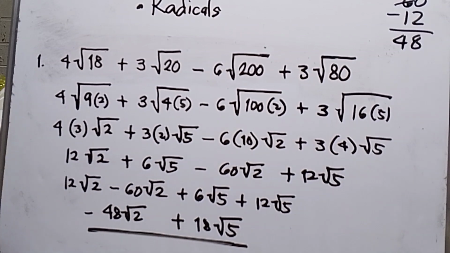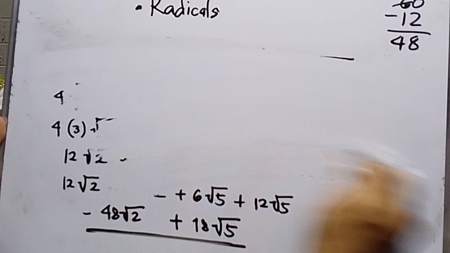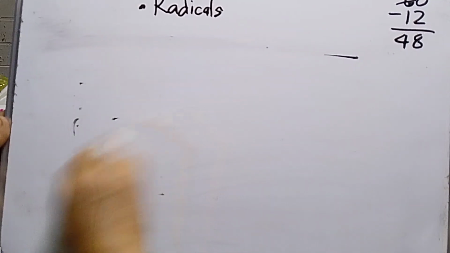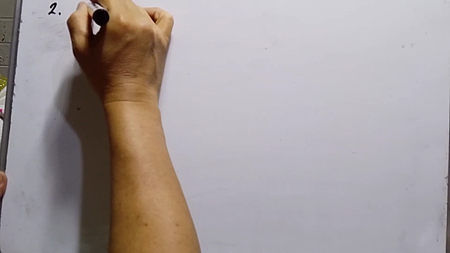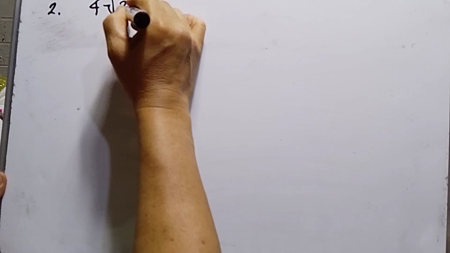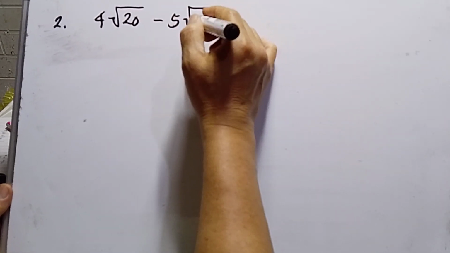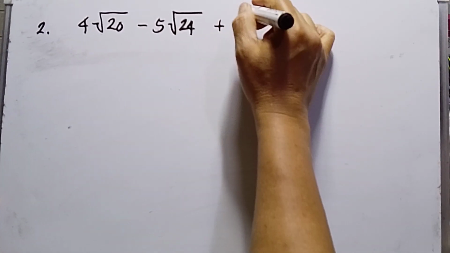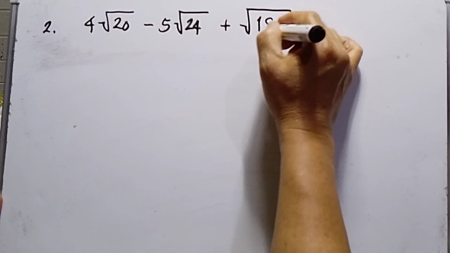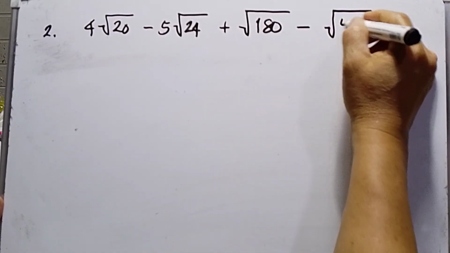Now let's proceed to number 2. Number 2 is 4 square root of 20, then minus 5 square root of 24, plus square root of 180 minus square root of 54.